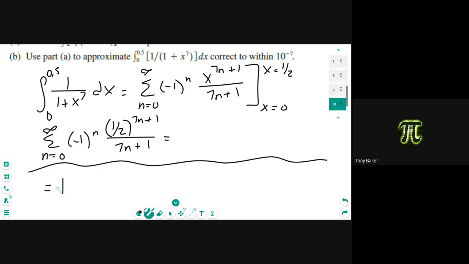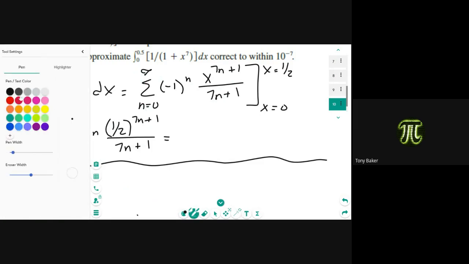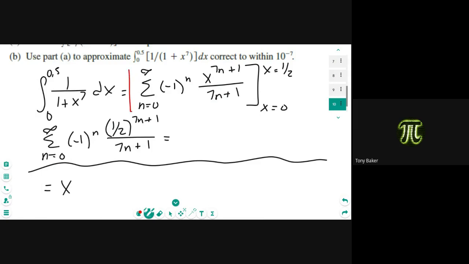If I plug in 0 there, I get x, and that's just 1, right? So this first term is just x. I thought the first term is 0. No, if I plug in n as 0, what do I get?